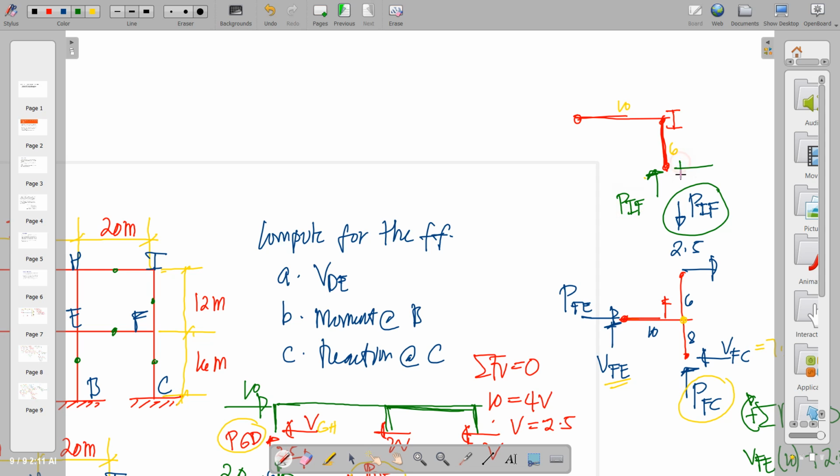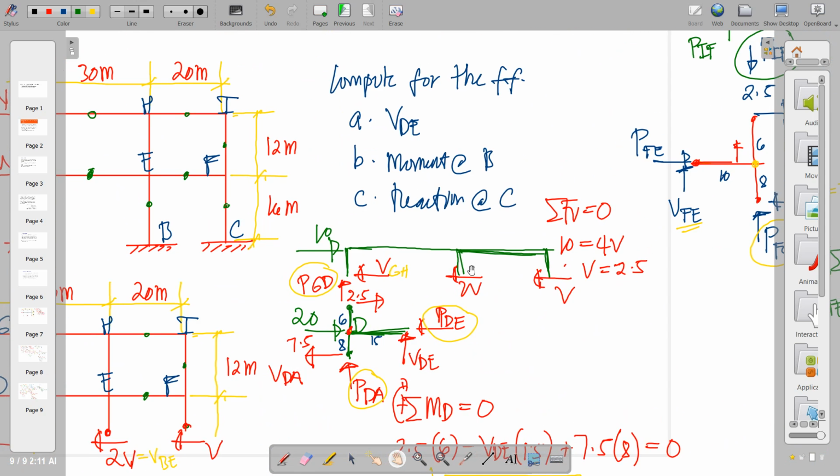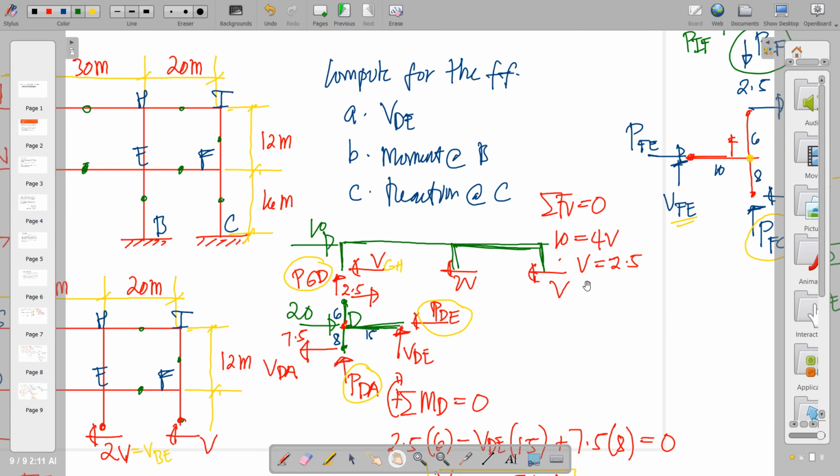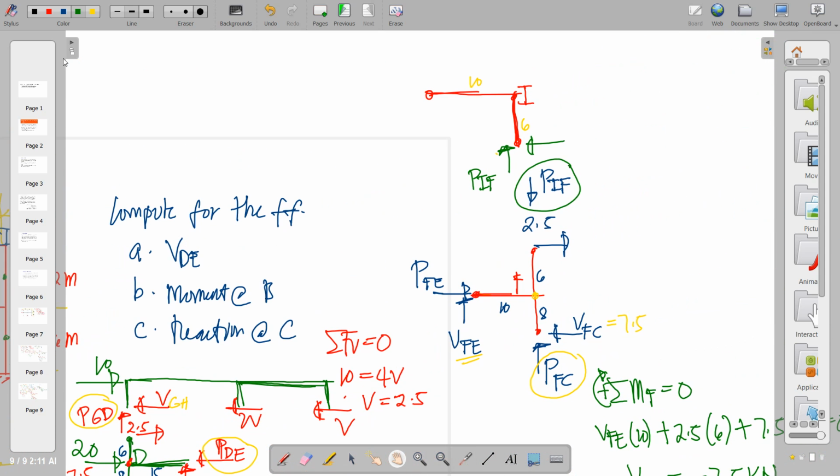The shear here is already known a while ago. Here it is, and was computed to be 2.5. Of course, this will be automatically 2.5. There is no other force left.